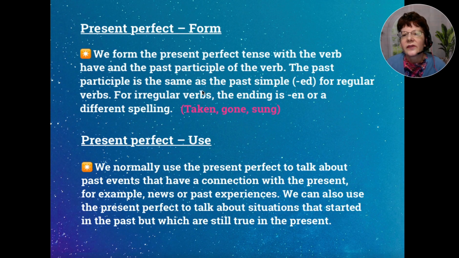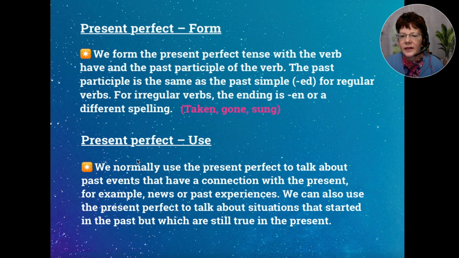For irregular verbs, the ending is en or a different spelling. For example, taken, gone, sung. These two, gone and sung, are different. Taken uses en. Gone is the past participle of go, and sung the past participle of sing.